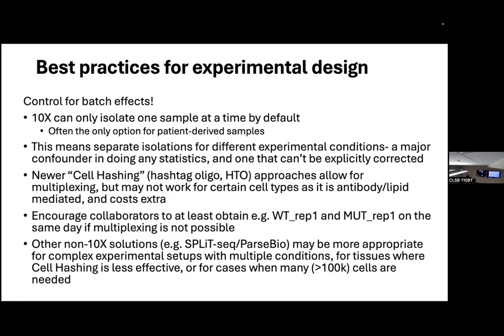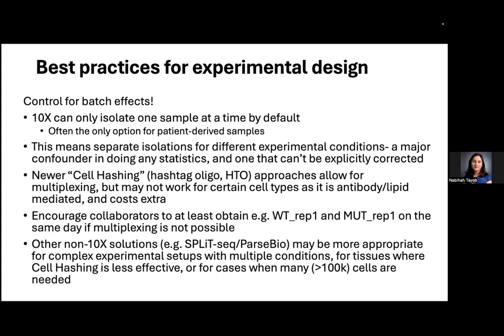As I said, it can get a lot more complicated than that when you have longitudinal biopsy samples or paired normal and tumor or things like that. But you really want to capture all of the potential technical variability that there might be within an experimental group as best as you can.